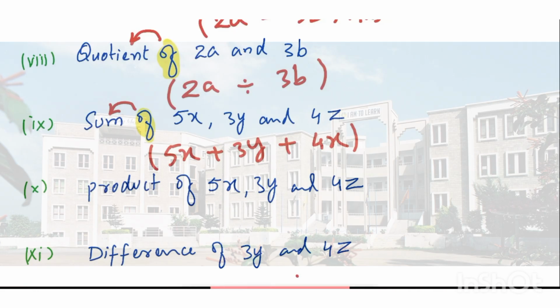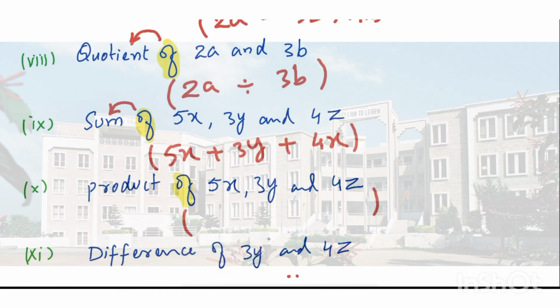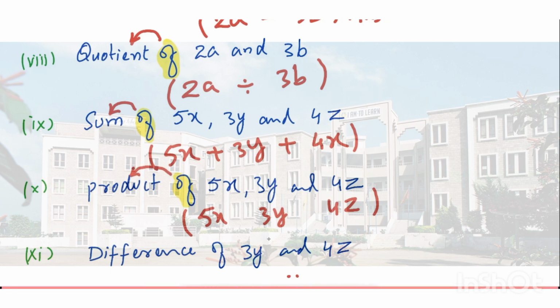Now again, we'll see that there is another "of". So of means bracket. We'll put a bracket here to the end of the statement, and there are numbers which are 5x and 3y and 4z. So these are the three terms. Now we look at the statement before of, which says product. Product means multiply.